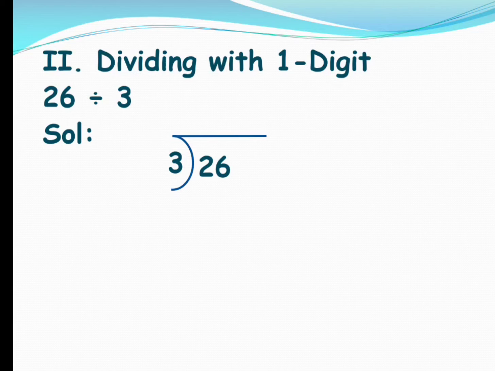Now this 26 you will check with the 3 table, the divisor's table. So 3 8s are 24, 3 9s are 27, which is more. So 3 8s are 24, so 8 times. So 8 you will write up and down you will be writing 24.